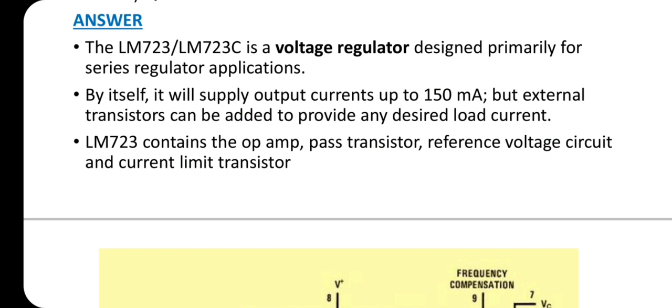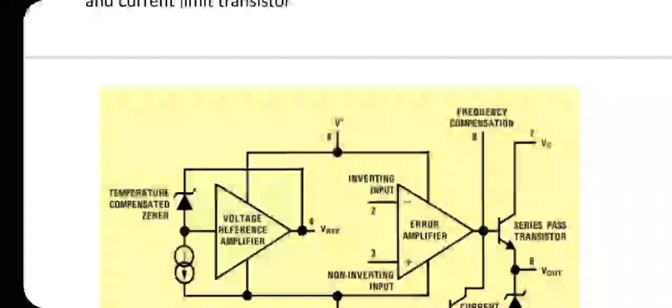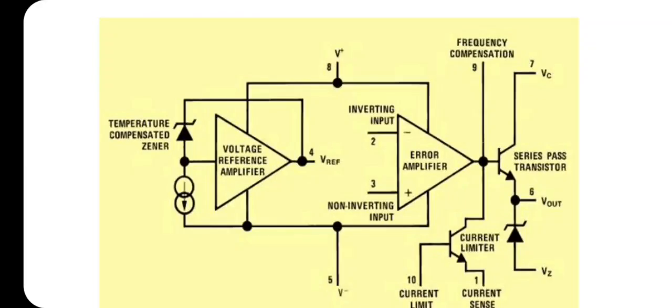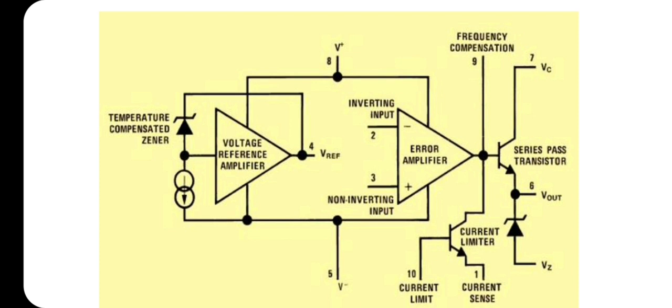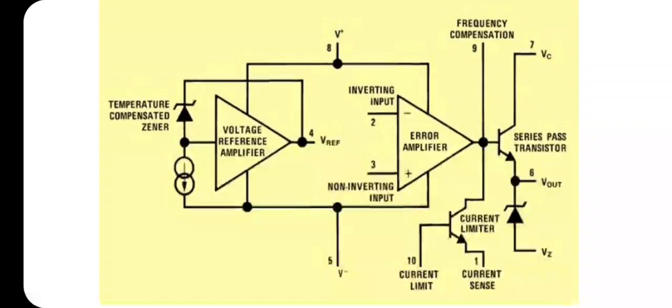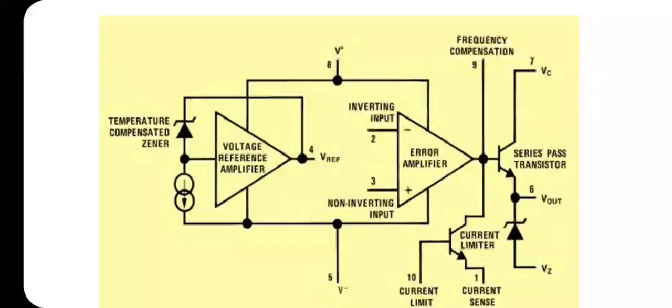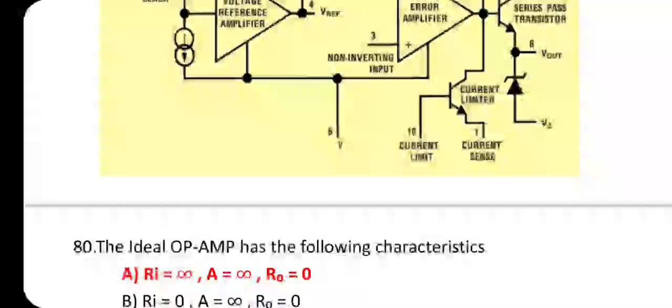LM723 contains the op-amp, pass transistor, reference voltage circuit and current limit transistor. This is the internal block diagram of the IC. It contains voltage reference amplifier, temperature compensated zener, an error amplifier, a current limiter, series pass transistor.